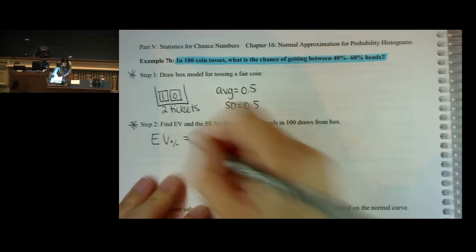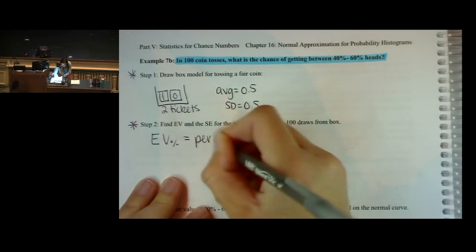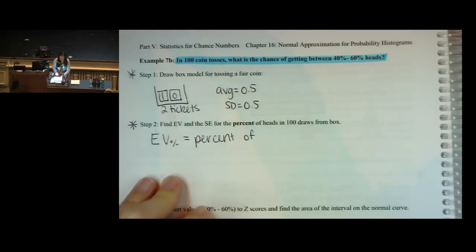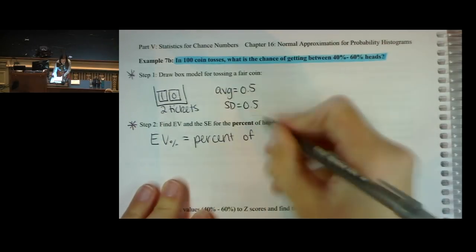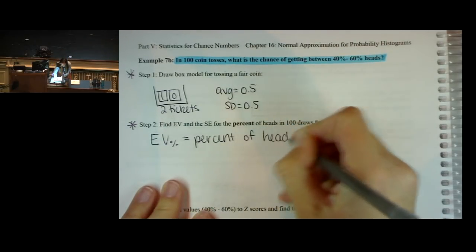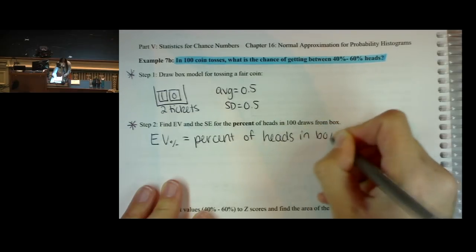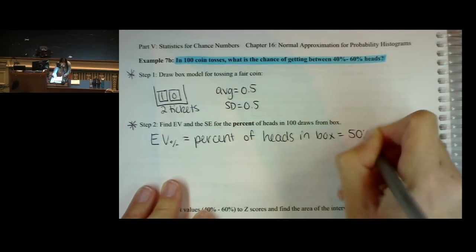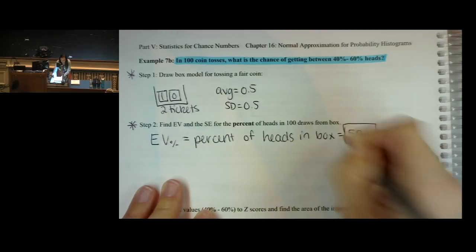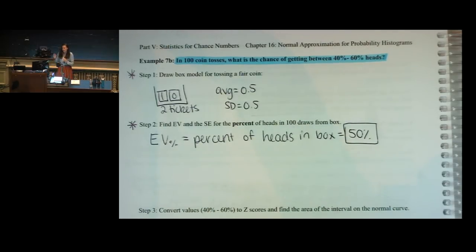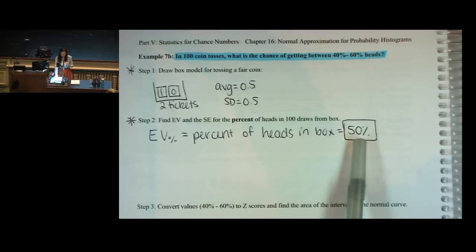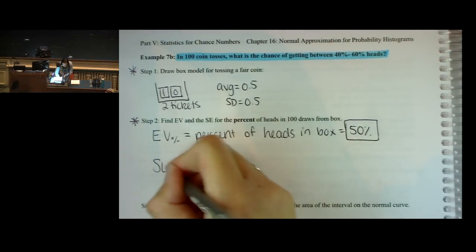So the expected value of the percent is just the percent of heads in the box, which is just 50%. So you can also just think, if you toss a coin 100 times, what is the percent of heads you're expected to get? Should be 50. Give or take what?